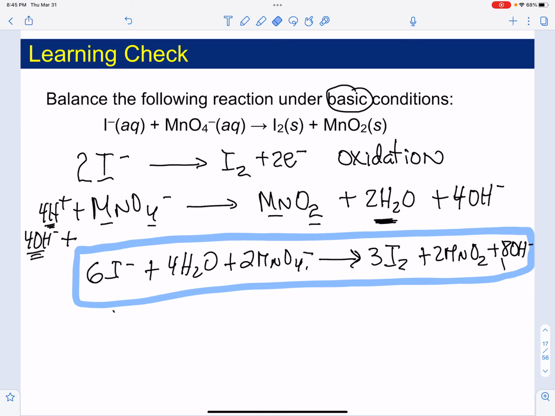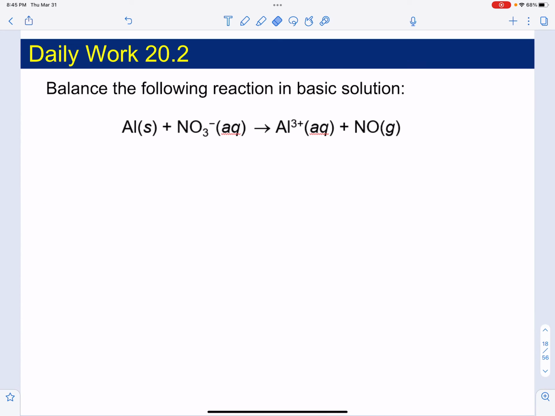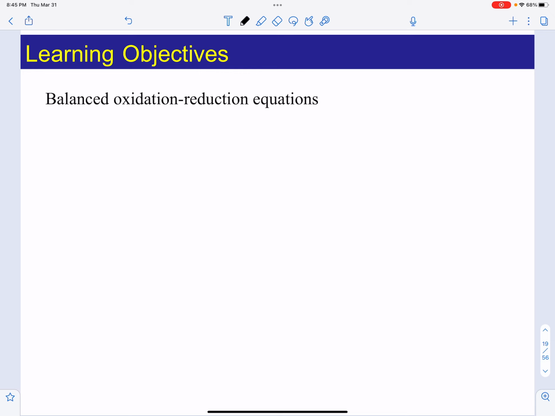So for this one, you can go back and watch the recording because most of it is what we already covered 3 times, which is the acidic conditions, and then you make it into basic. So once you do that, you're ready to do this one in basic conditions. And with that said, that's how we balance redox reactions in acidic and basic environments.